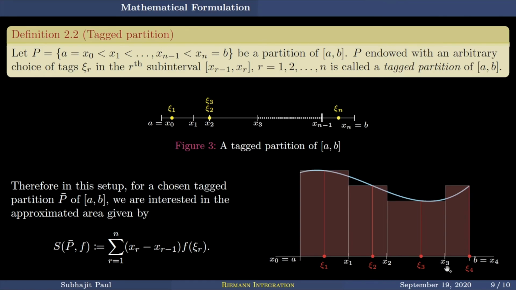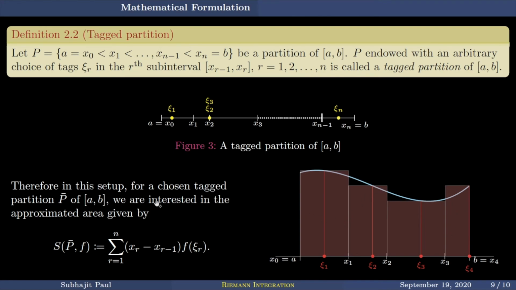The next one is x3 minus x2 times the height f at xi3. The next one is x4 minus x3 times the height f at xi4. This f at xi4 is the height of the rectangle, so width times height gives you the area of the rectangle.